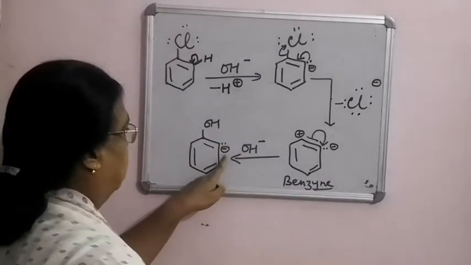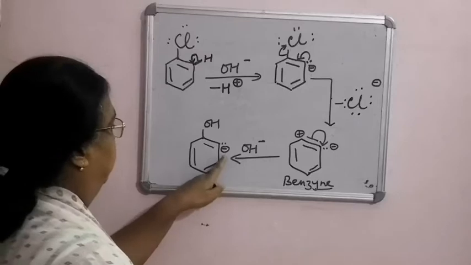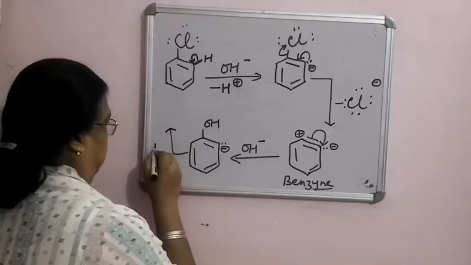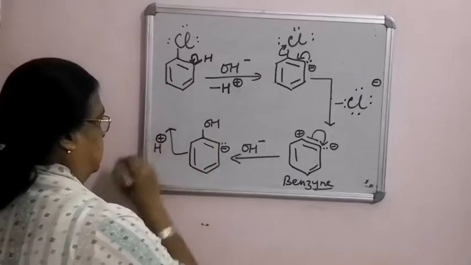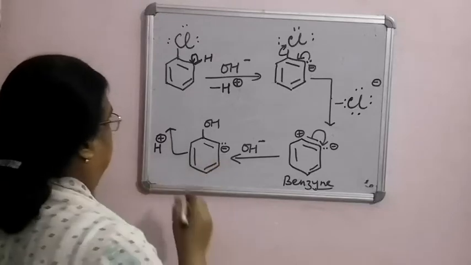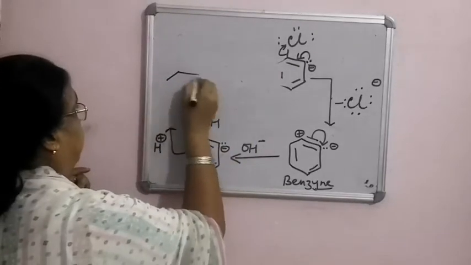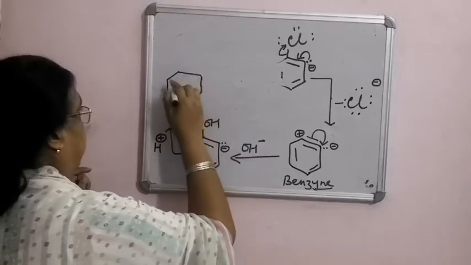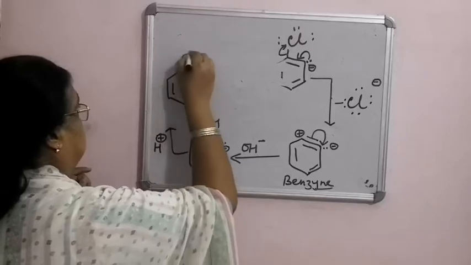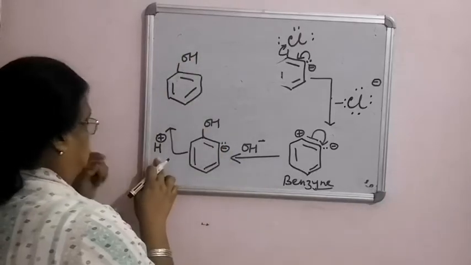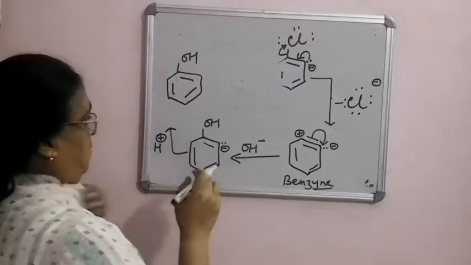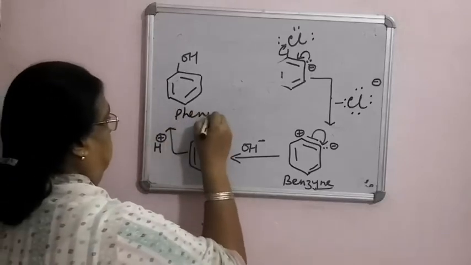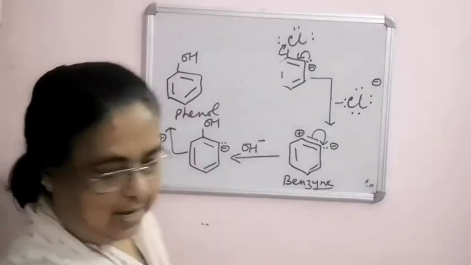So now this negative charge which we have will attract this proton. So one more step: the proton which is released up there, which is in the reaction medium, will get a chance to attack here, and we will get this compound. This will be taken up by this here. H will be attached there. The H which was out will be attached, and we will have phenol. So this is the mechanism of the reaction.